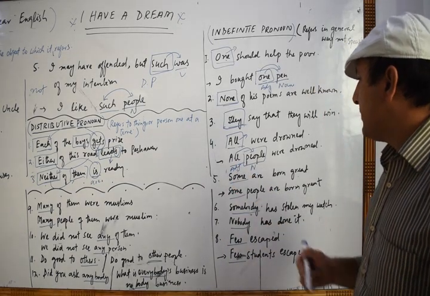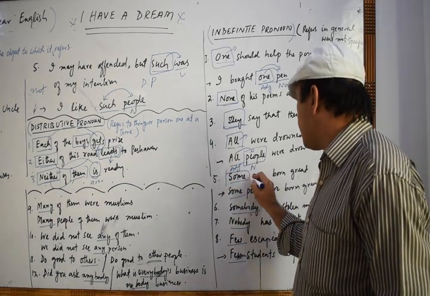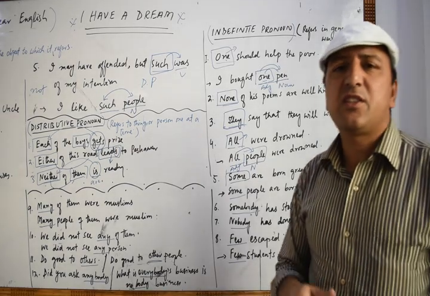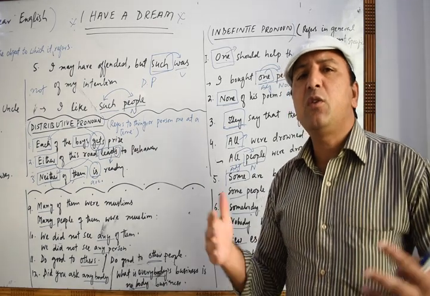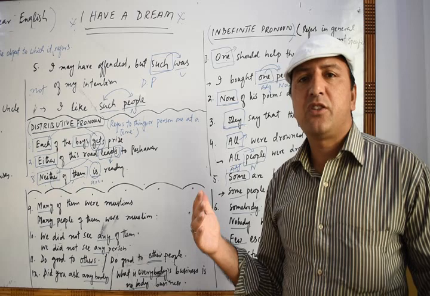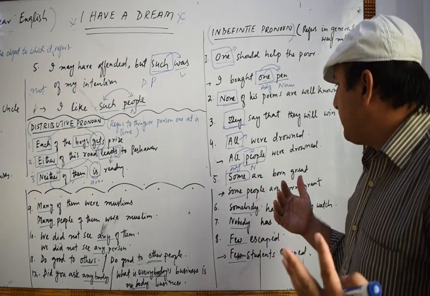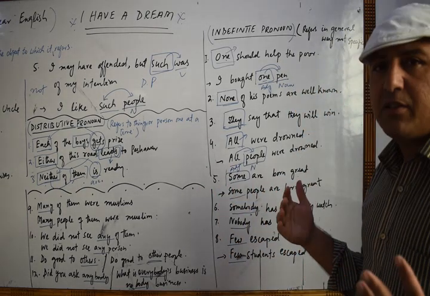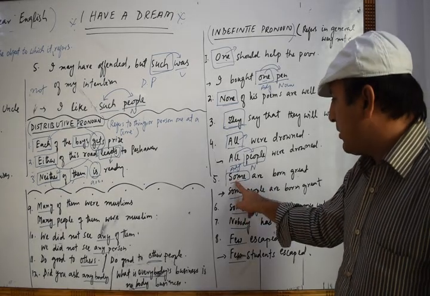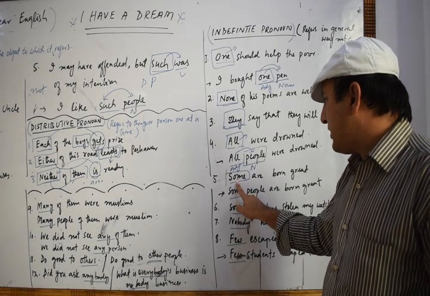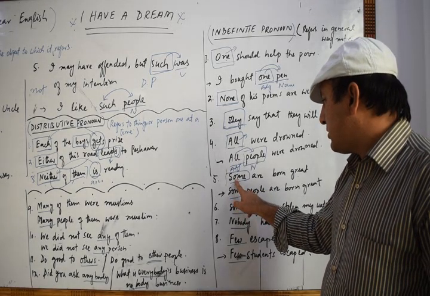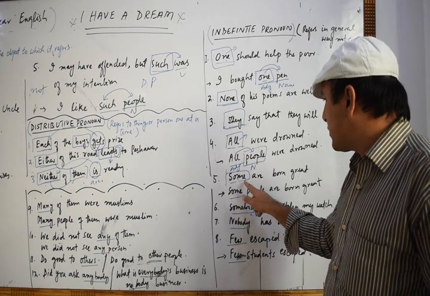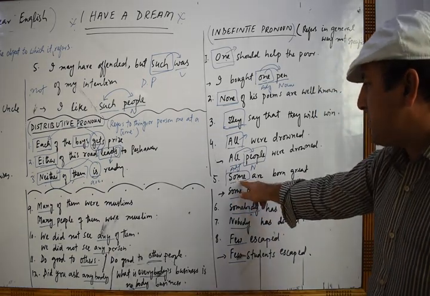Then we have "some." "Some are born great." "Some" means some people. It has been used in a general way for all people. So "some" alone is a word which has replaced a noun. So "some are born great," this "some" is an indefinite pronoun.